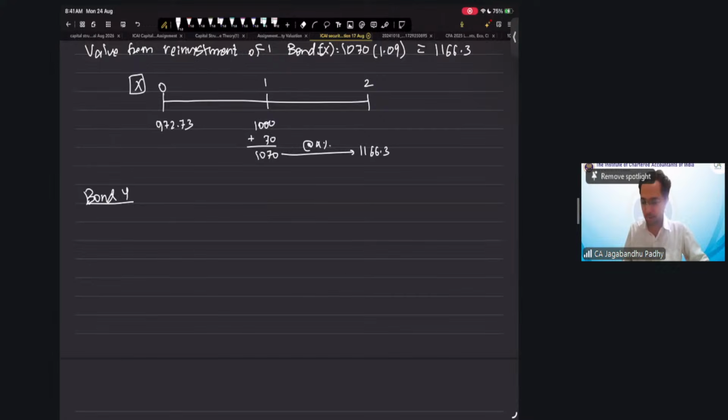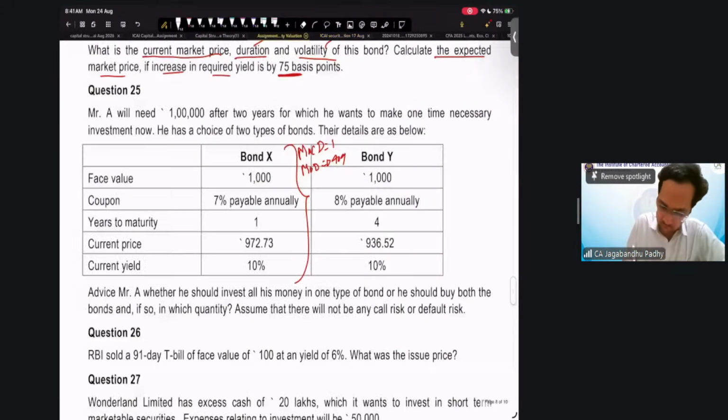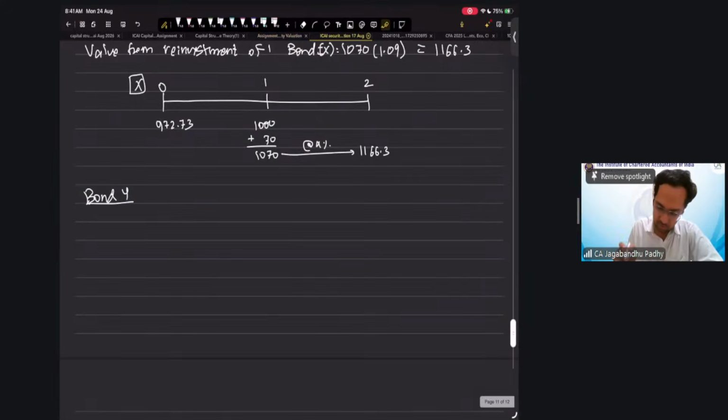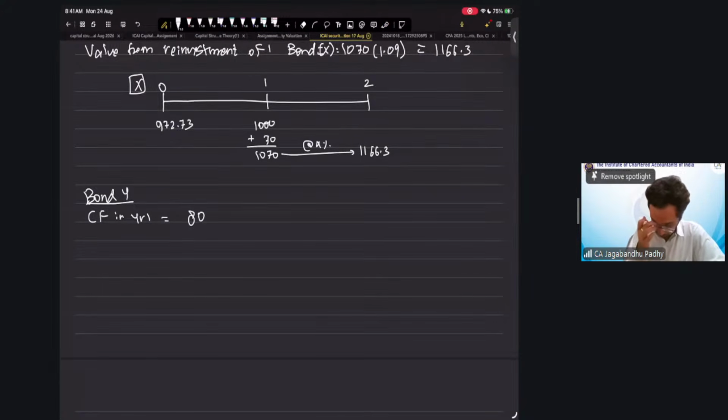So from this bond Y, we're going to receive cash flow in year one. How much is the cash flow? Since the coupon rate is 8%, it is going to be 80. And this is going to be reinvested for 1 year at the rate of 9%.